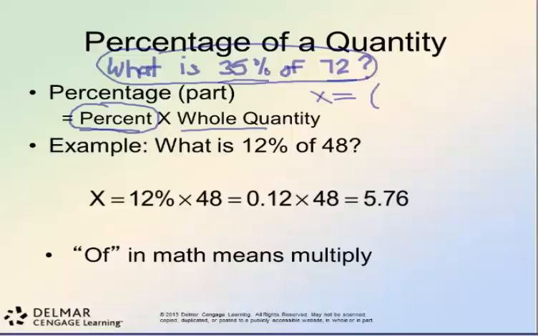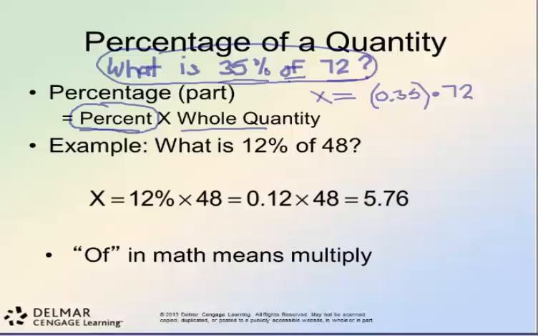35% as a decimal, well, to convert a percent to a decimal, we get rid of the percent sign and we divide it by 100, which means the decimal point moves 2 places to the left. So 35% is equivalent to 0.35. And most of the time in math, of means to multiply by the whole quantity, which is 72.